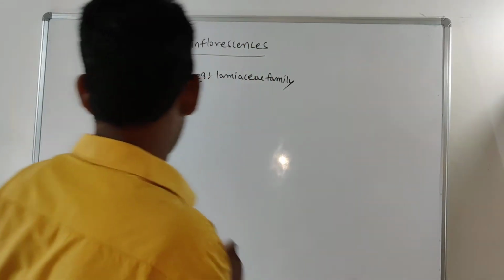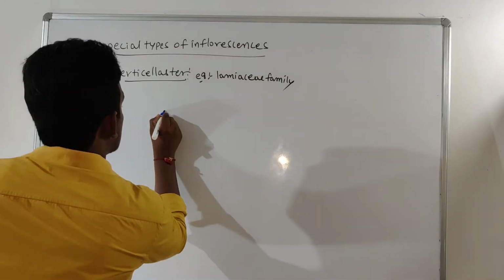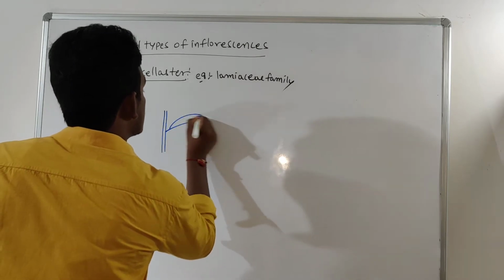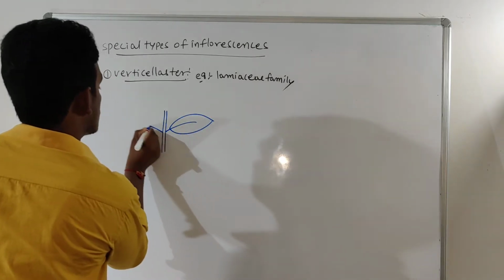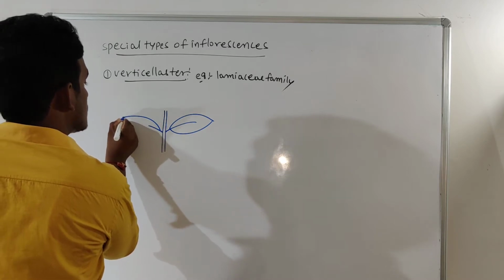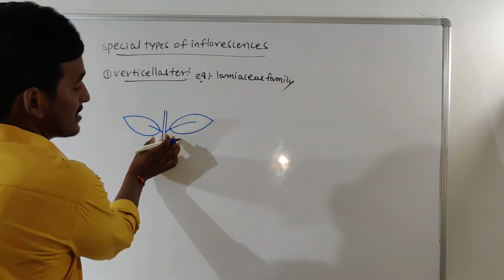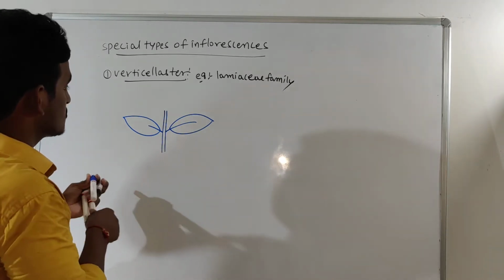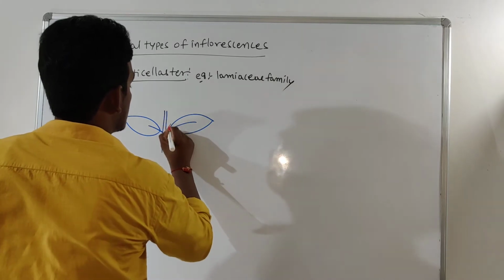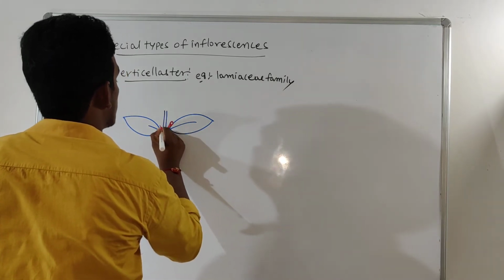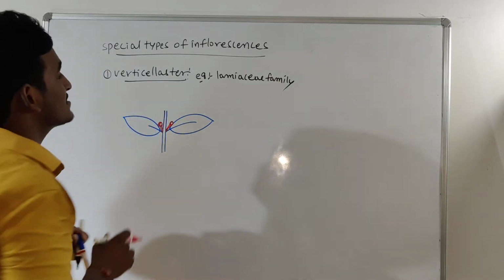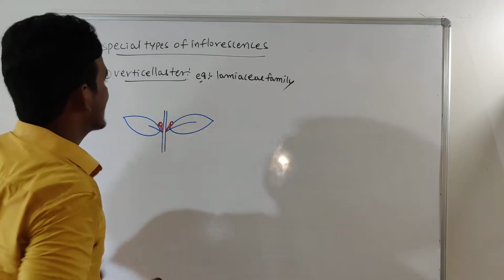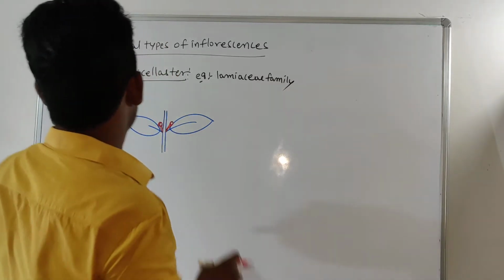If you see carefully, this is a stem and these are the leaves, two leaves present in opposite direction on the stem. In the axil of this leaf, it will produce this Verticillaster inflorescence.